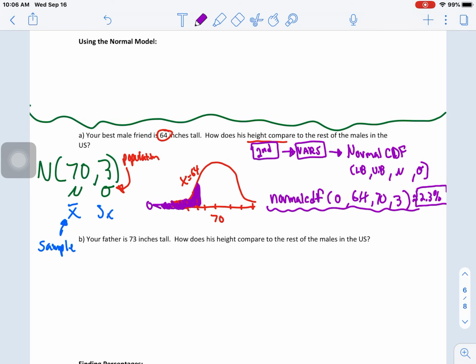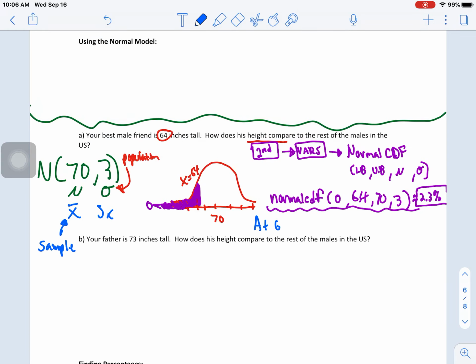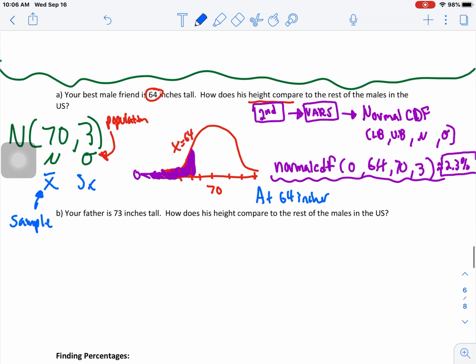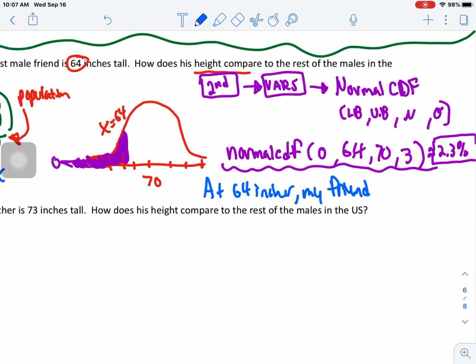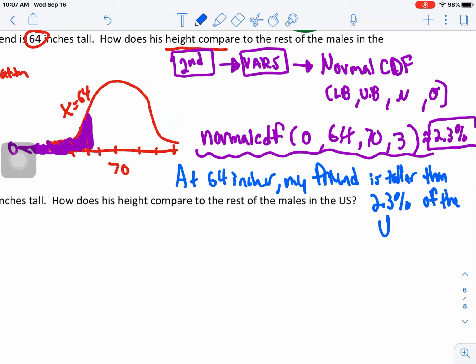So I'm just going to write a quick little sentence here. At 64 inches, my friend is taller than 2.3% of the US male population.